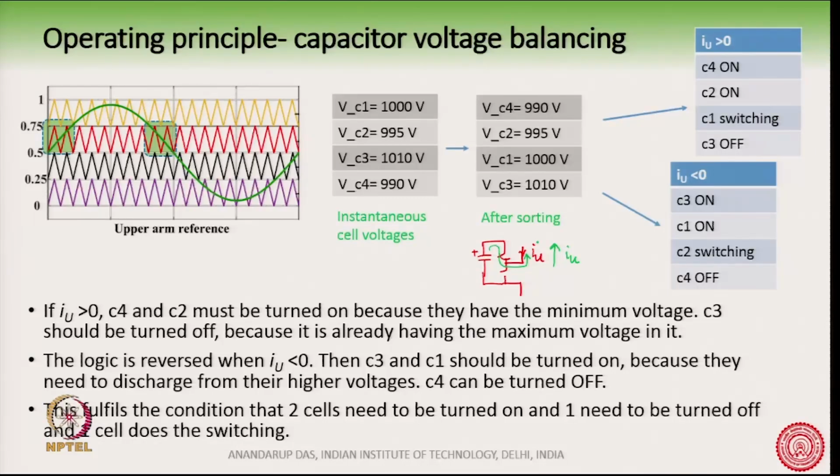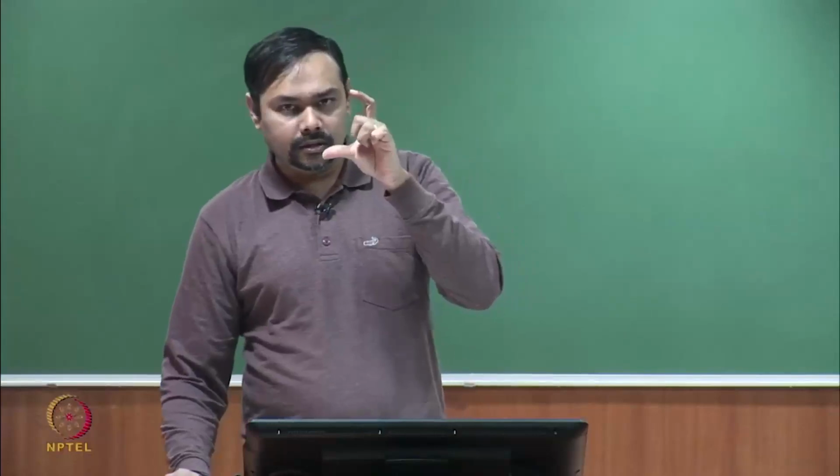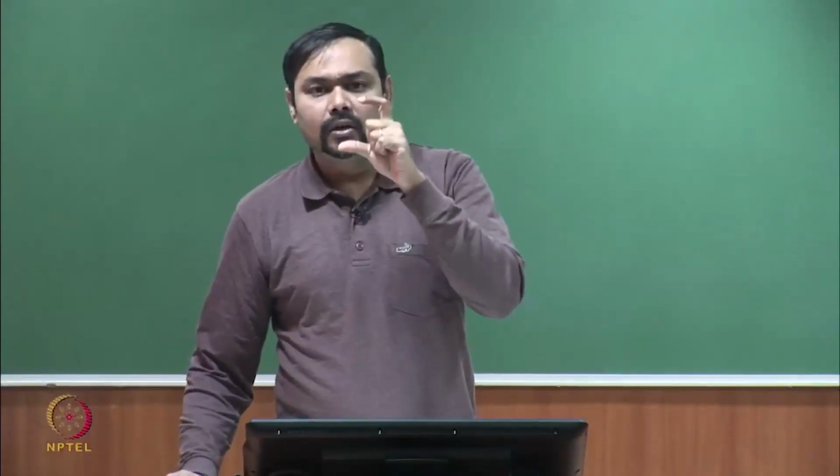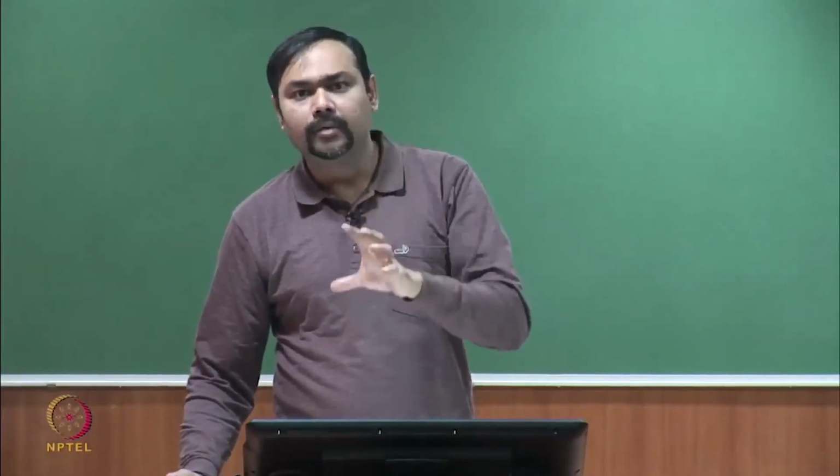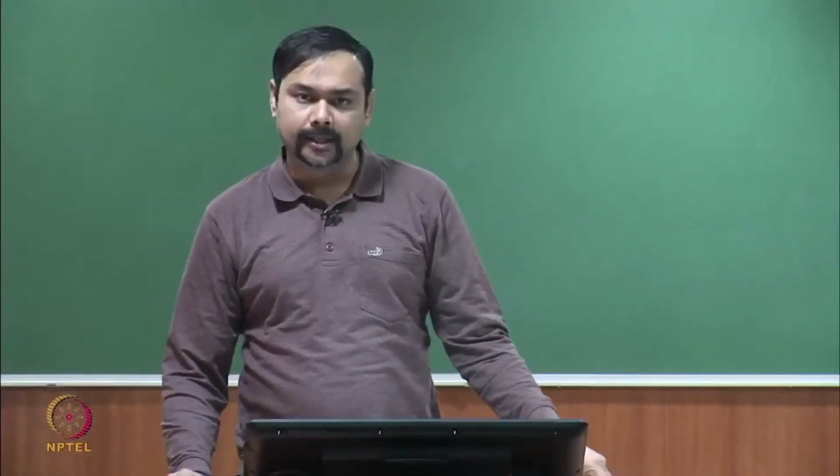So, by this algorithm we see that over a certain period of time, by doing this round robin thing, where some cells come in, some cells go out, by doing this action repeatedly over time, we can ensure that the capacitor voltages, or the DC bus voltages on all the cells in the arm, are balanced over time.